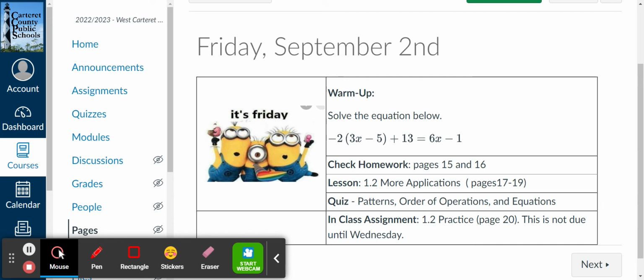Yes, Naomi. x plus 2. And how would I show the next consecutive integer? x plus 4. So this is an example of 3 consecutive even integers.